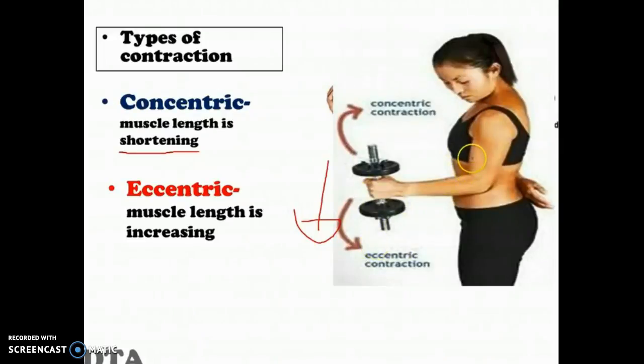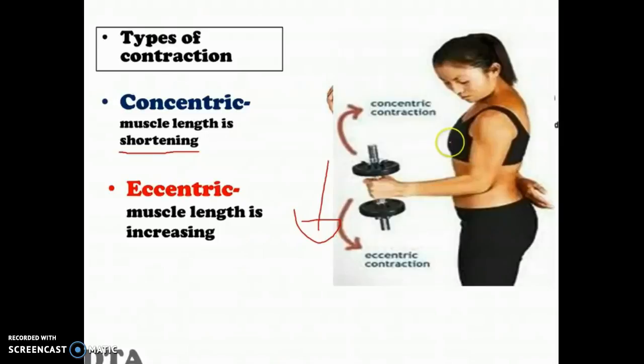Alternatively, we have an eccentric contraction, where the muscle length increases. As the dumbbell is lowered down, the bicep is increasing in length, but it's still the one contracting. It's lowering the weight very gently against gravity, and this is known as an eccentric contraction.